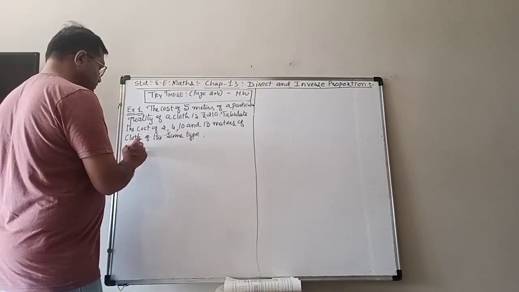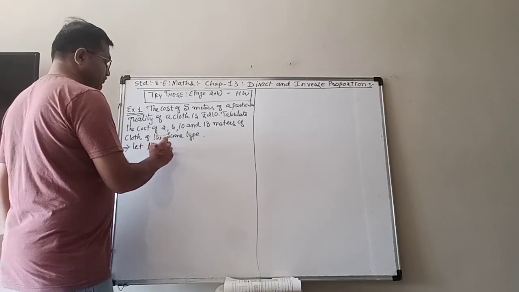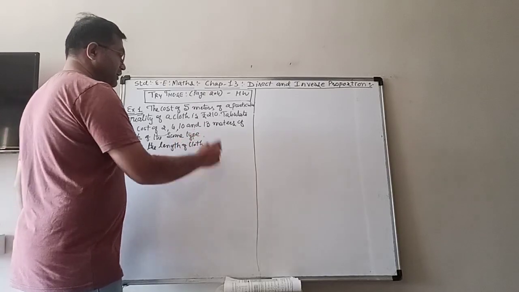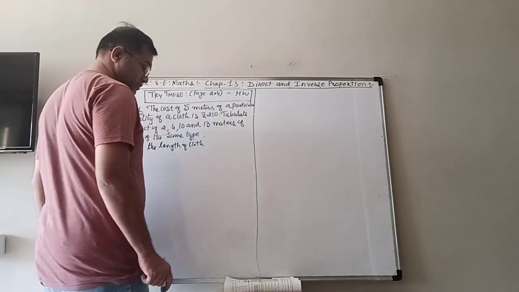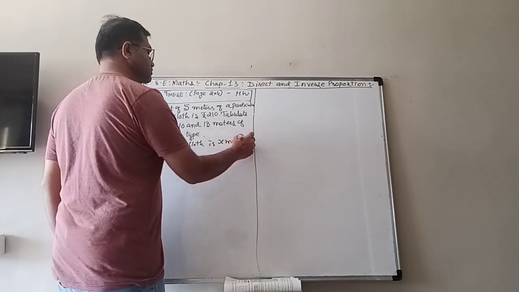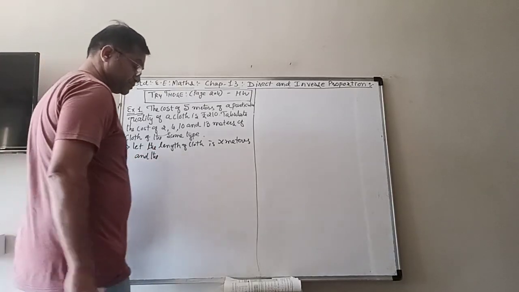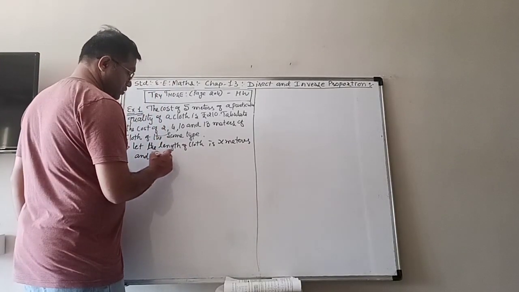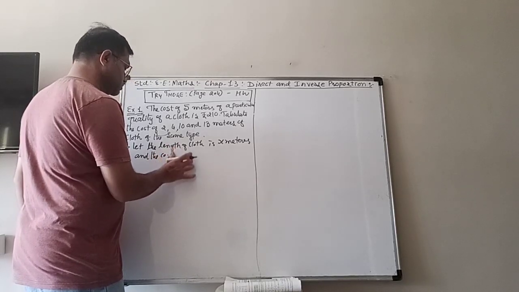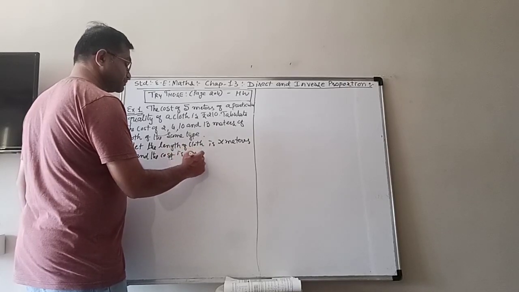So we will take the length of cloth as x meters, and the cost as rupees y.